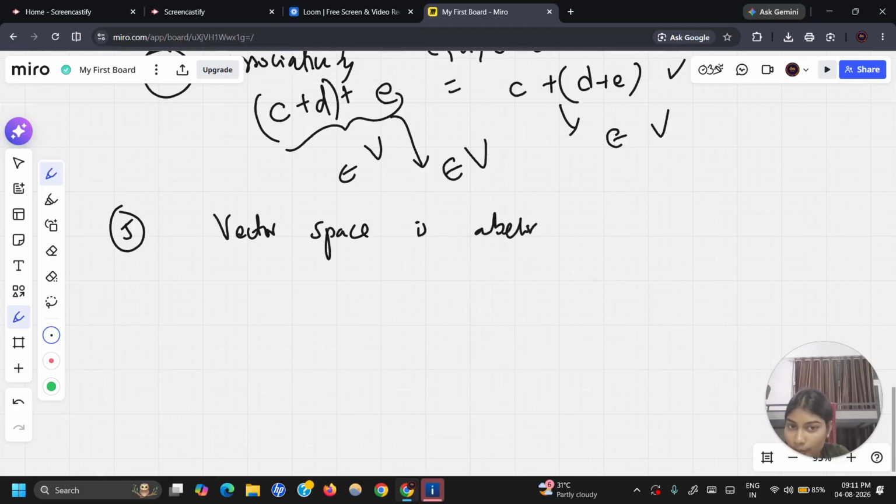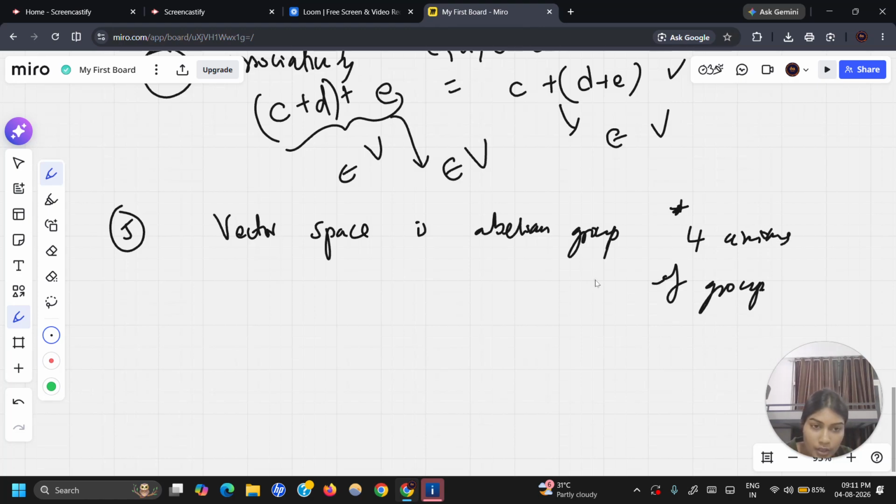Now, a vector space is an abelian group, which means that along with the four axioms of a group, it also satisfies commutativity.